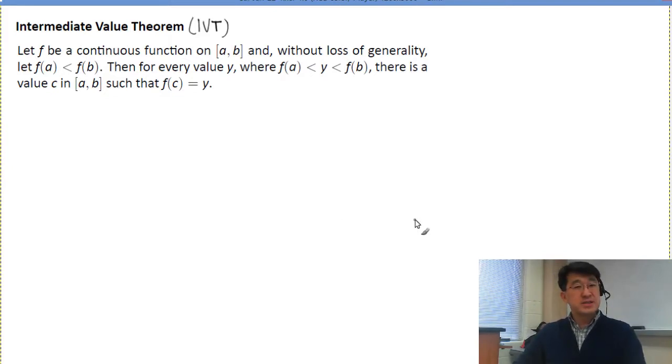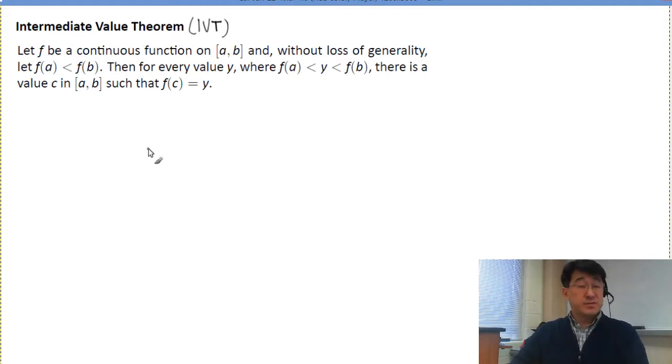Let f be a continuous function on the closed interval. Pay attention, it is about the closed interval, right? It only works for a closed interval. And without loss of generality, f of a is smaller than f of b. You plug in the one endpoint value into the function, the other endpoint value into the function. One thing is less than the other.